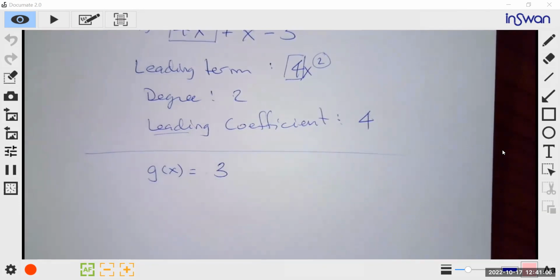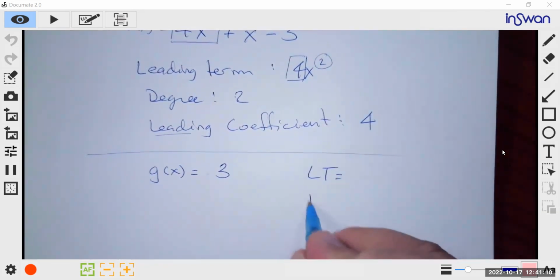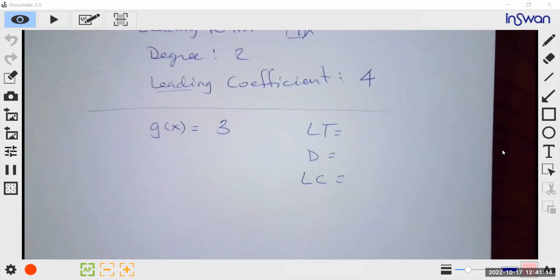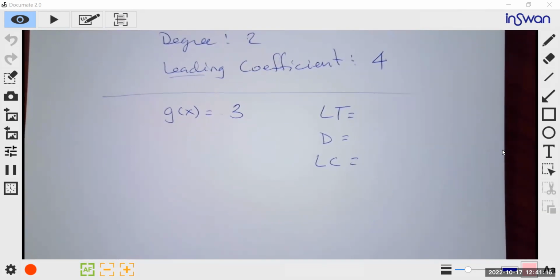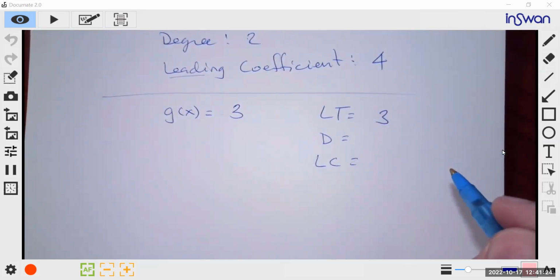Same thing, same three questions. The leading term, the degree, and leading coefficient. What's the leading term? 3. Very good. What's the degree? 1. Nope. 0.